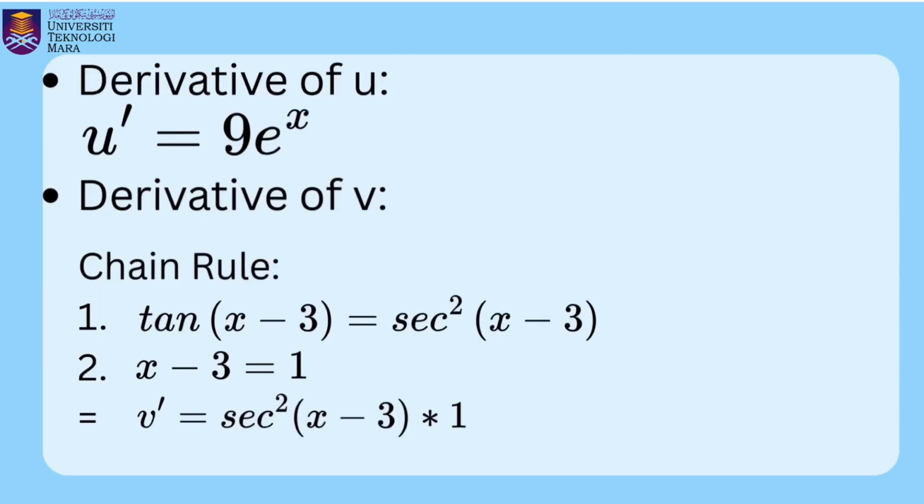The derivative u prime equals 9e^x, and for the derivative of v, we need to use the chain rule. So firstly, the derivative of tan(x minus 3) is sec squared (x minus 3). Secondly, the derivative of x minus 3 equals 1. So v prime equals sec squared (x minus 3) times 1.